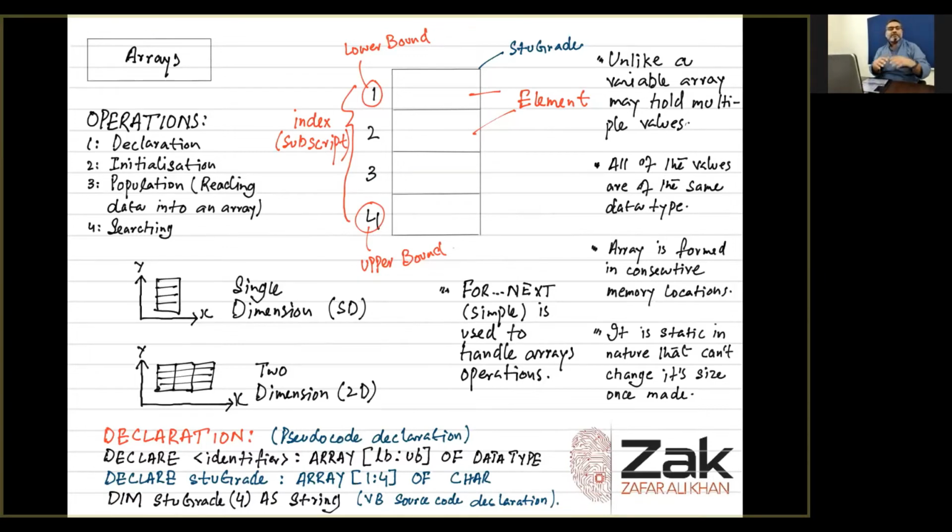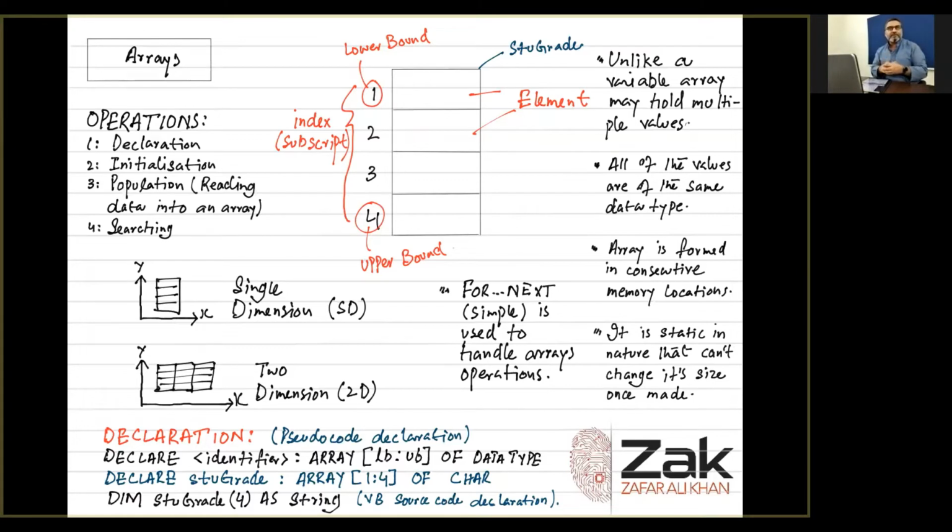What does it mean, whole operation? Whole operation means if it is initialization, the whole array from lower bound to upper bound will be initialized. If the values are being input to the array, meaning it is being populated, it will be populated from lower bound to upper bound.